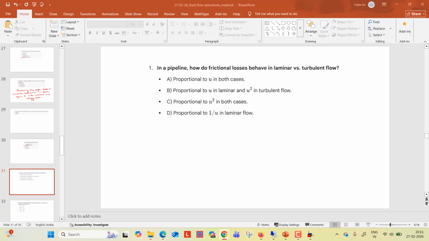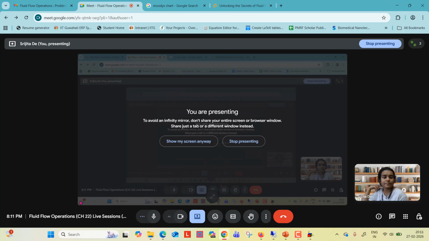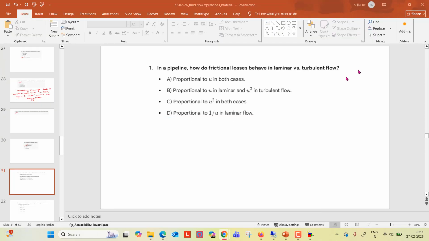In a pipeline, how do frictional losses behave in laminar versus turbulent flow? So we have seen in the first chapter that frictional loss is proportional to U in case of laminar flow, and to velocity square in case of turbulent flow.